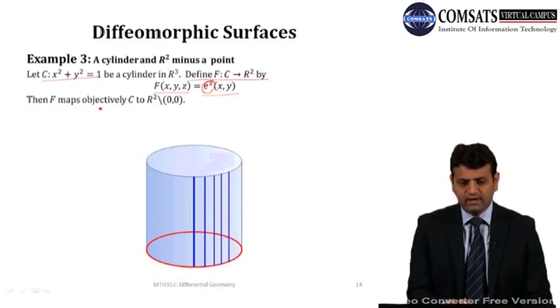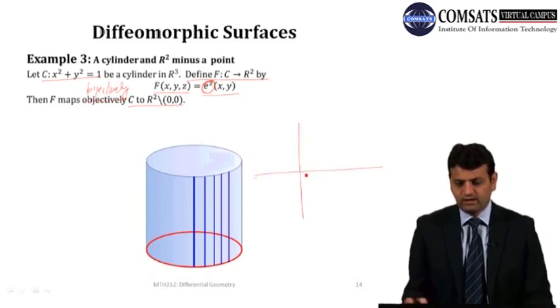So f maps bijectively C to R2 minus this origin. So basically this map is basically mapping each and every point of the cylinder to all of the R2 except for one point.